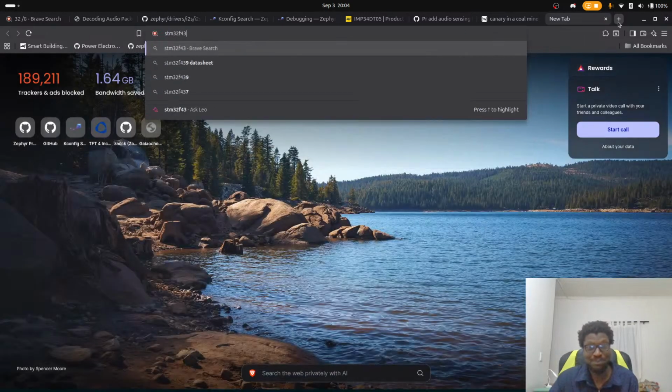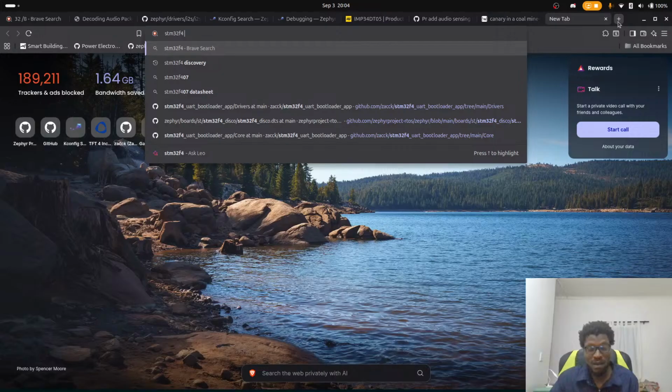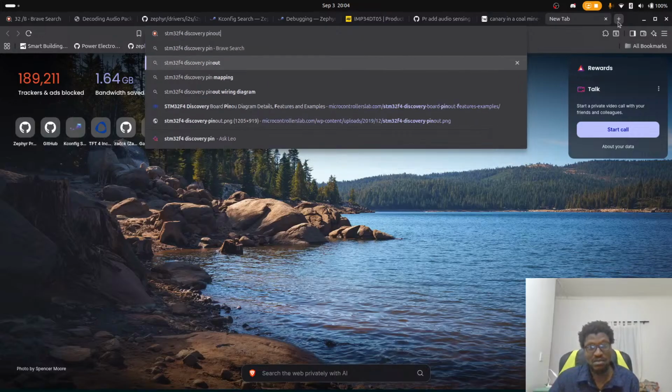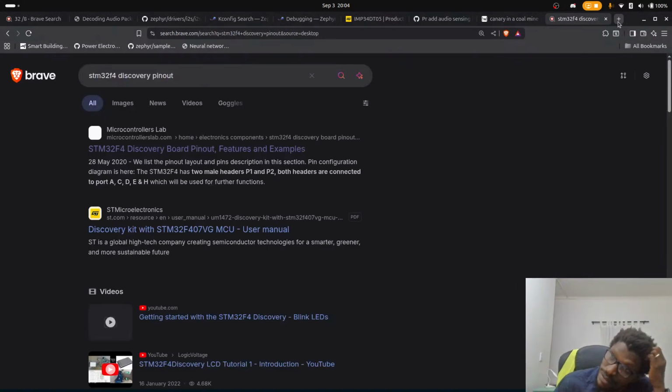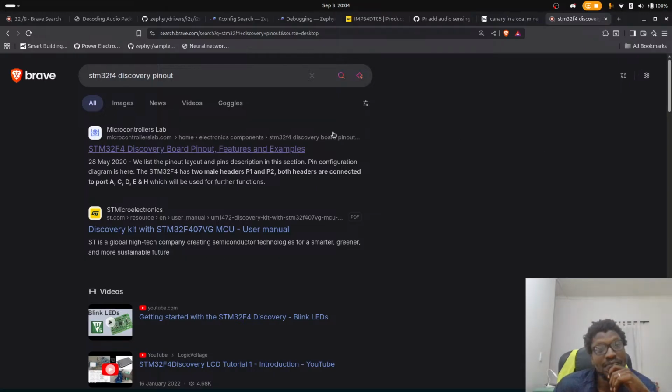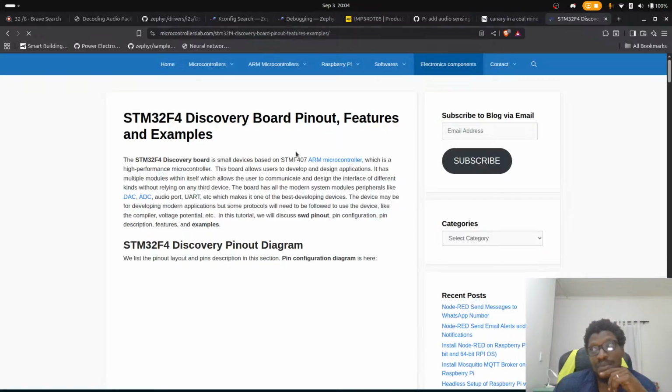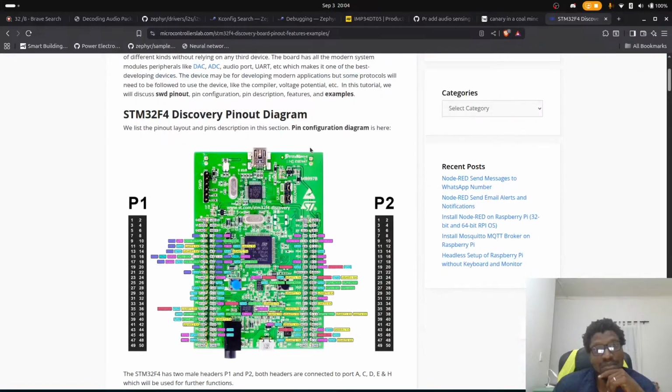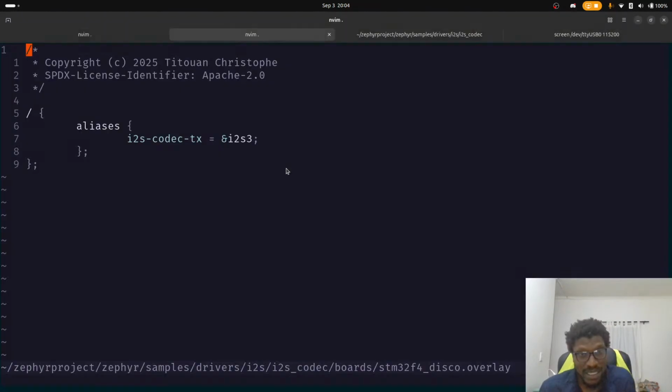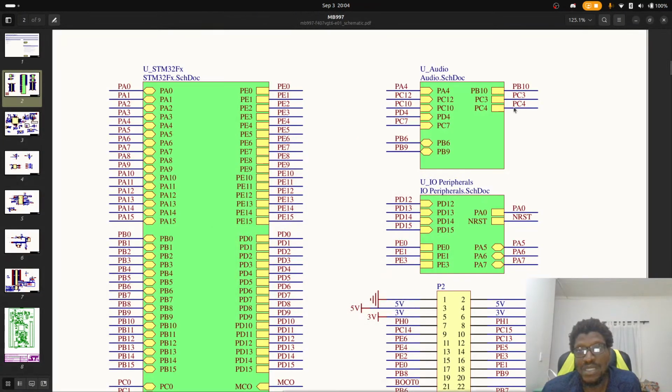STM32F4 Discovery pinout. Yeah, this is my favorite link. So what are we looking for? PC3 and PC4 and PB10.